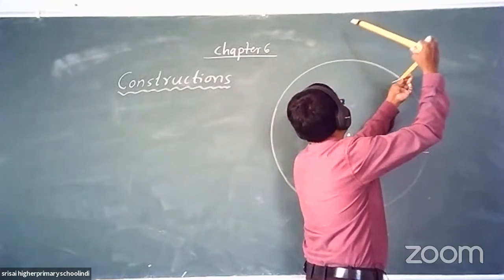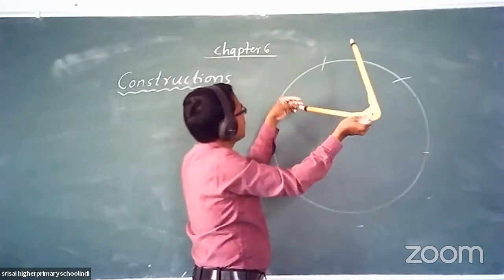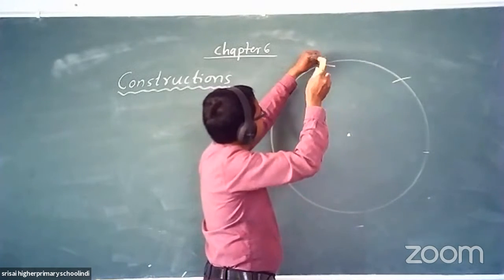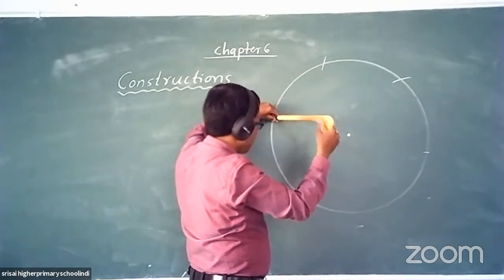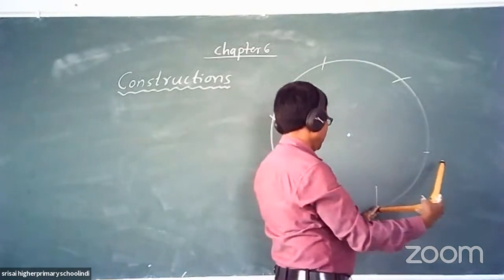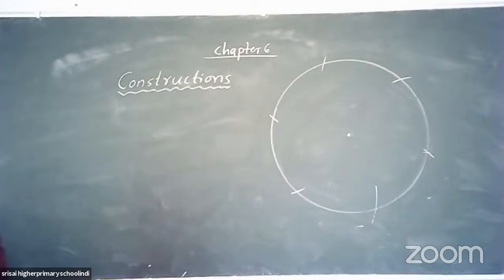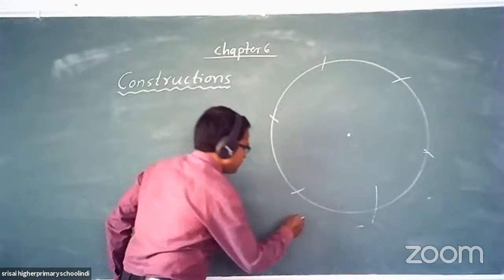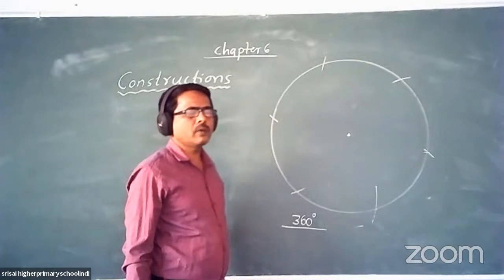Mark 1, 2, 3, 4, 5, 6. Okay. Now, one circle is 360 degrees. 360 degrees divided by how many divisions we have made?